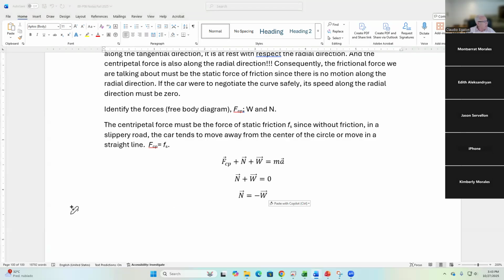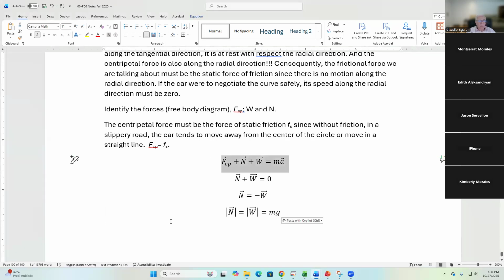What does it mean? It means that the magnitude of the normal is going to be equal to mg. And now we have to worry about the x component of this equation. This force, centripetal force, has no vertical component whatsoever, just horizontal component, right? There is no acceleration along the y direction.